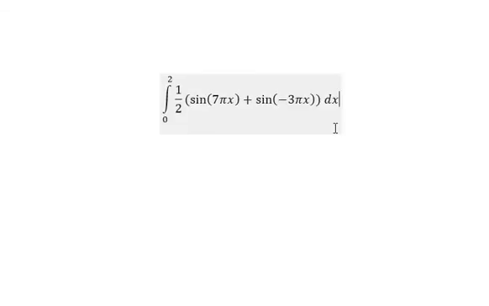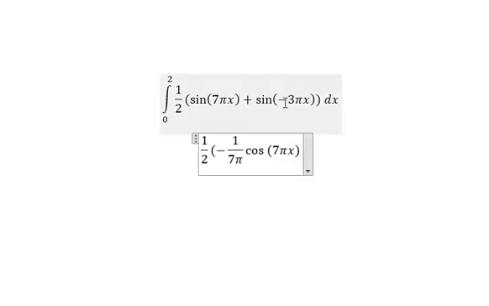And now we have the final answer. The integration of sine 7πs, you will get negative 1 over 7π cosine 7πs.